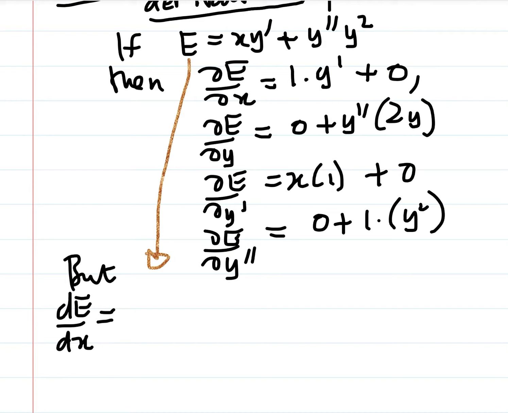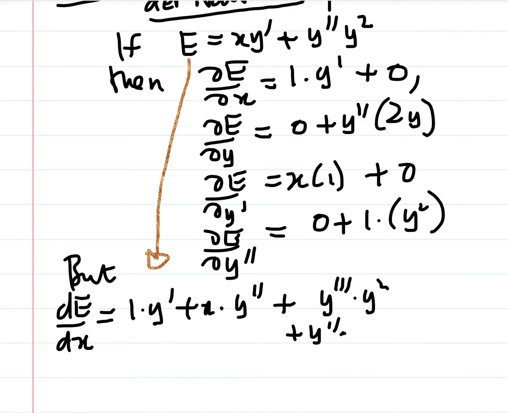You've got a product rule on x y dashed, which is 1 times y dashed, plus x times the derivative of y dashed, which is y double dashed. If you differentiate now the second term, the derivative of y double dashed totally with respect to x is y triple dashed times y squared, plus if you differentiate y squared totally with respect to x, you've got to apply implicit differentiation. So you've got 2y times the derivative of y, which is y dashed.